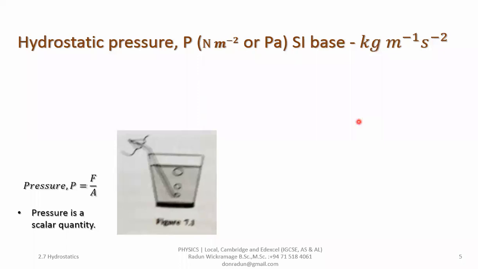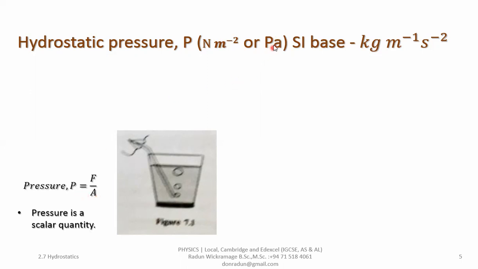Okay, let's talk about some other physical quantity which comes under hydrostatics. That is hydrostatic pressure. Even in your previous classes you have gone through, pressure is force divided by area, or how much force applied per unit cross-sectional area is pressure.